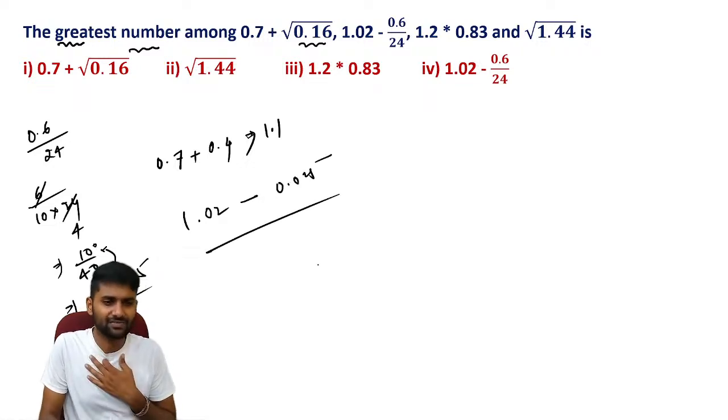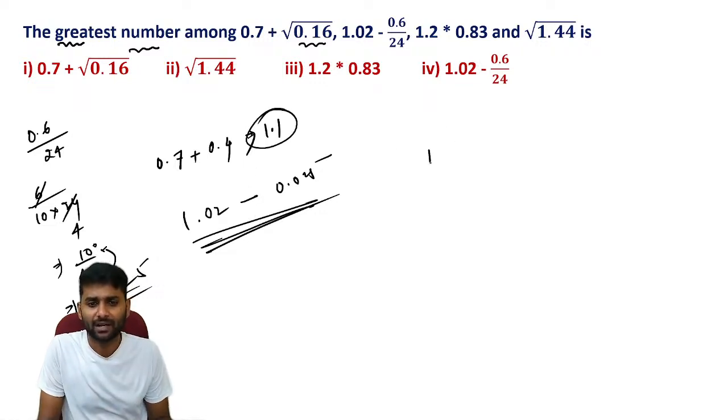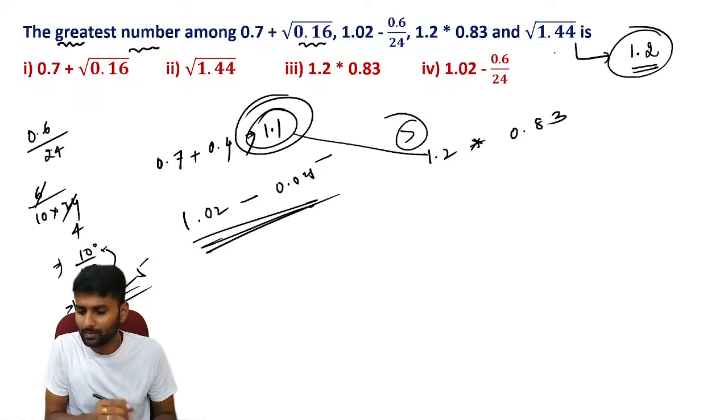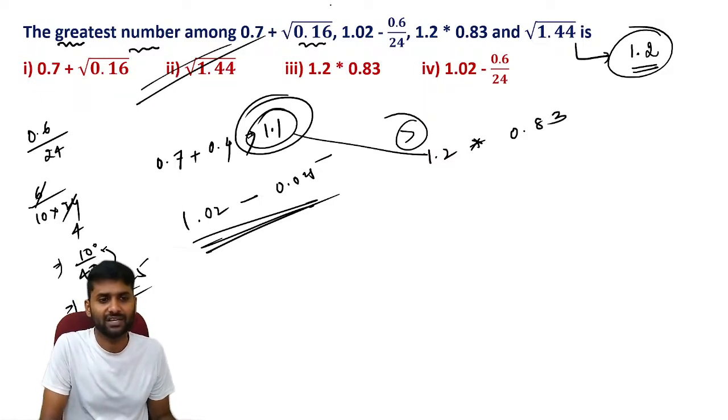And don't calculate this value, definitely 1.1 is greater than this value, right? Now 1.2 is multiplied with 0.83, so definitely when compared to 1.1 this is the greater value. Again 1.44 is 1.2 whole square. So if you compare all the information, 1.2 is the greatest among the remaining values. That's the answer: root over 1.44.